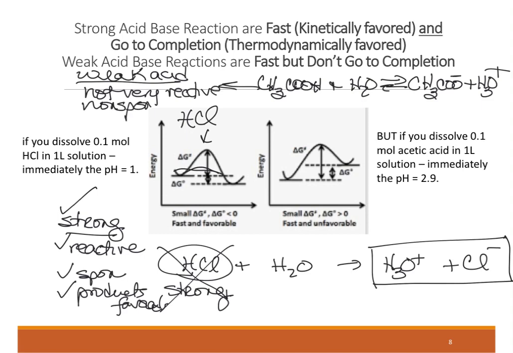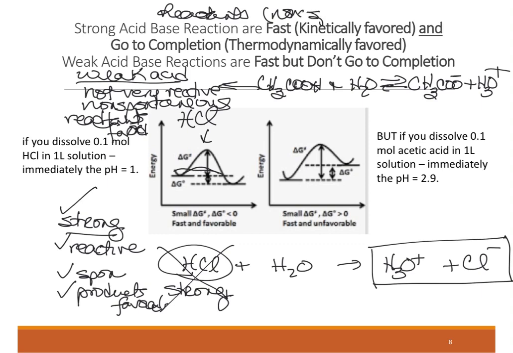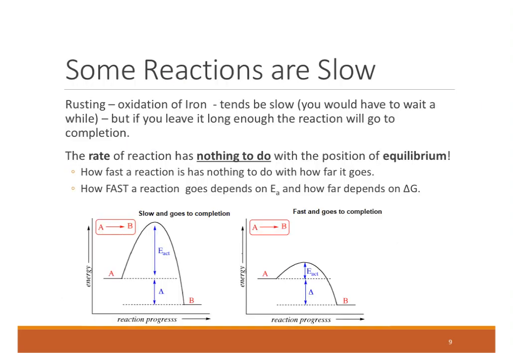Again, that doesn't mean we will get zero product. It just means we won't have very much product. So we would say reactants are favored. Okay. So any reaction where reactants are favored would be a non-spontaneous reaction energetically. Any reaction where products are favored would be a spontaneous reaction. There's kind of a lot of vocabulary in this, so just be careful with it.